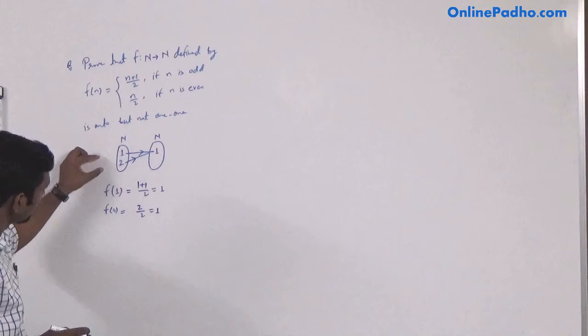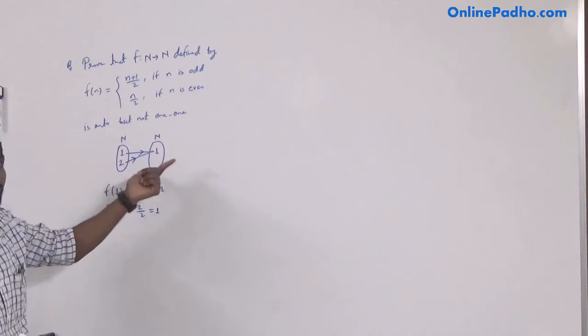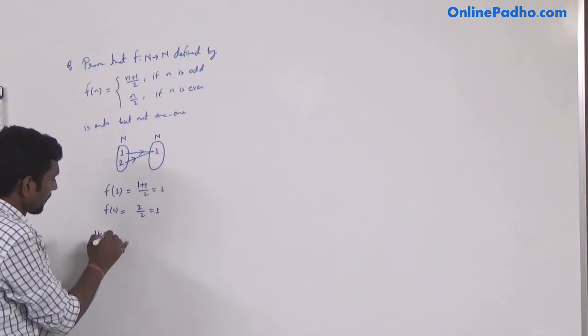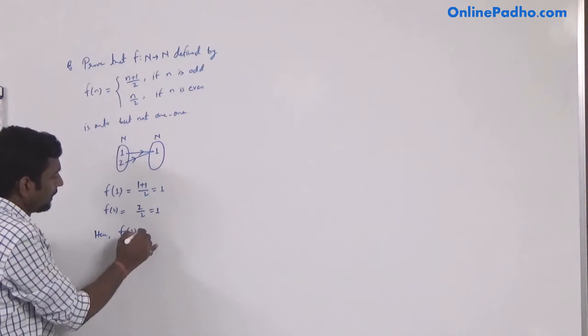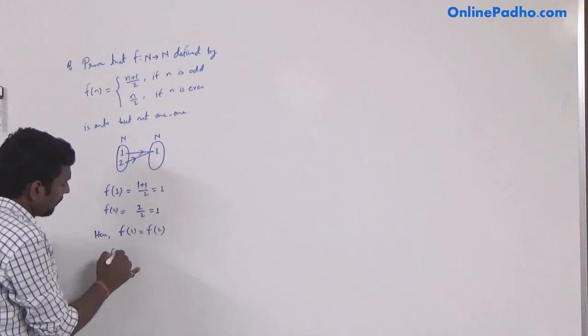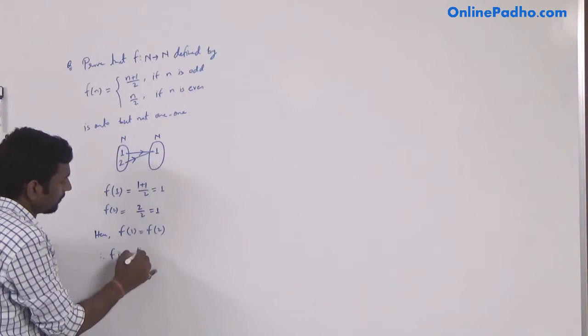For 1 and 2 there is the same image, 1, so this function is not 1-1. f(1) is equal to f(2). Therefore f is not 1-1.